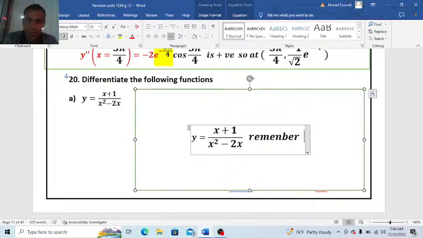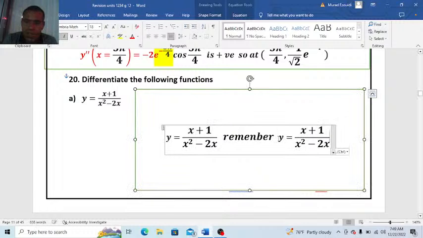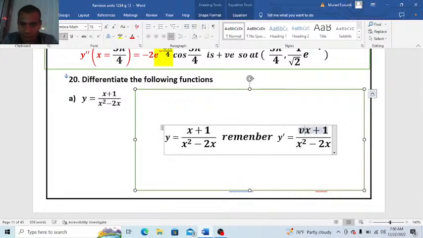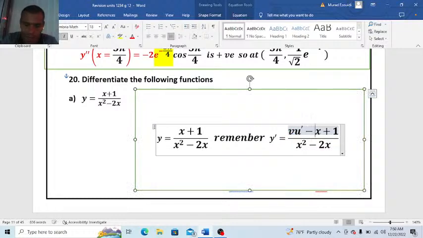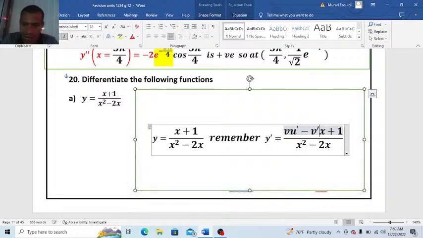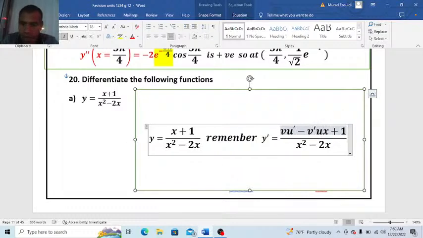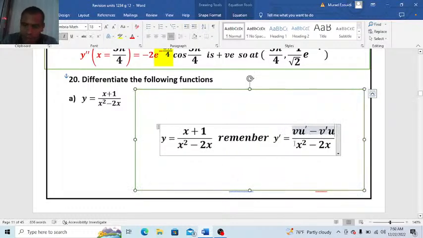This is dy with respect to x. y dash equals v times u dash minus v dash multiplied by u, all divided by the square of v. This is the formula that I am going to apply. This is called what, learners? It's called the quotient rule.